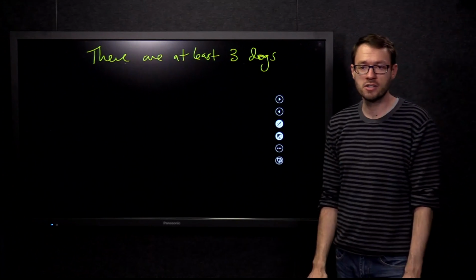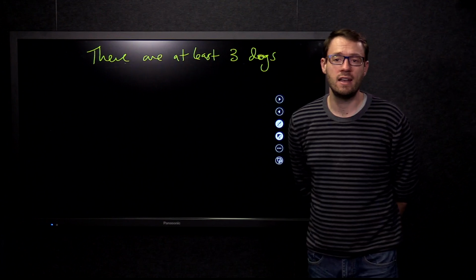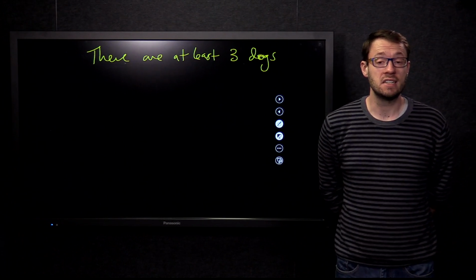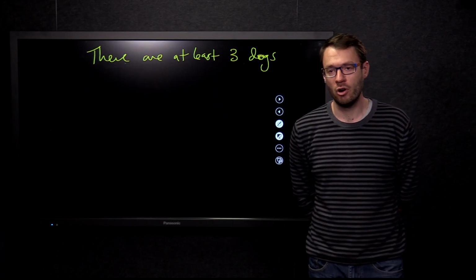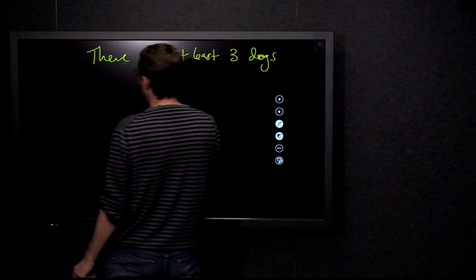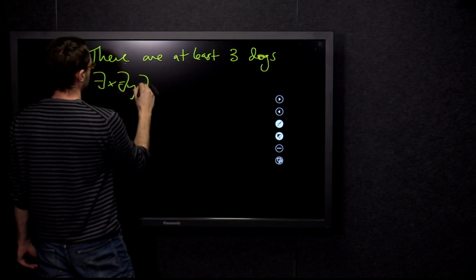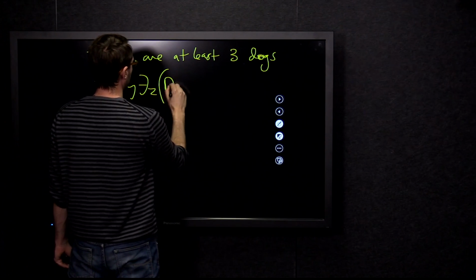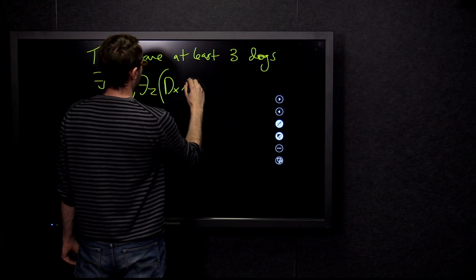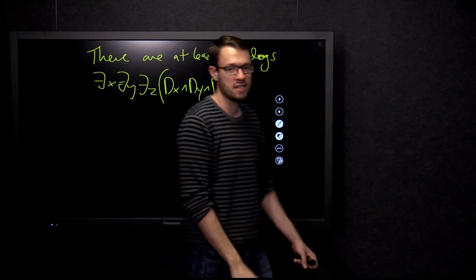It seems like a fairly plausible claim about the world. If we want to translate this claim out, we can now translate it out using identity. We actually couldn't translate this out before when we didn't have identity kicking around in the language. So here's how we do it. We say there exists an X, there exists a Y, and there exists a Z, and they're all dogs. So Dx and Dy and Dz. So that gets us there.